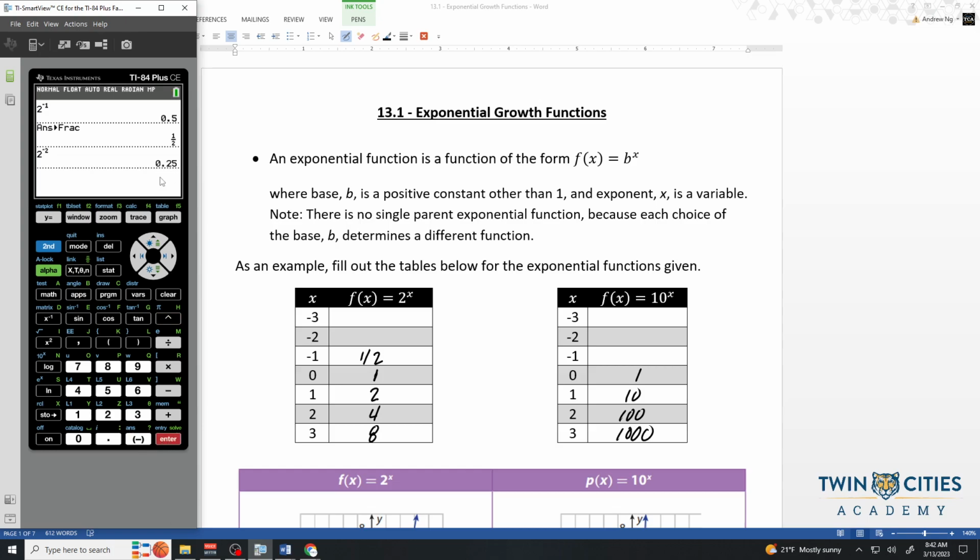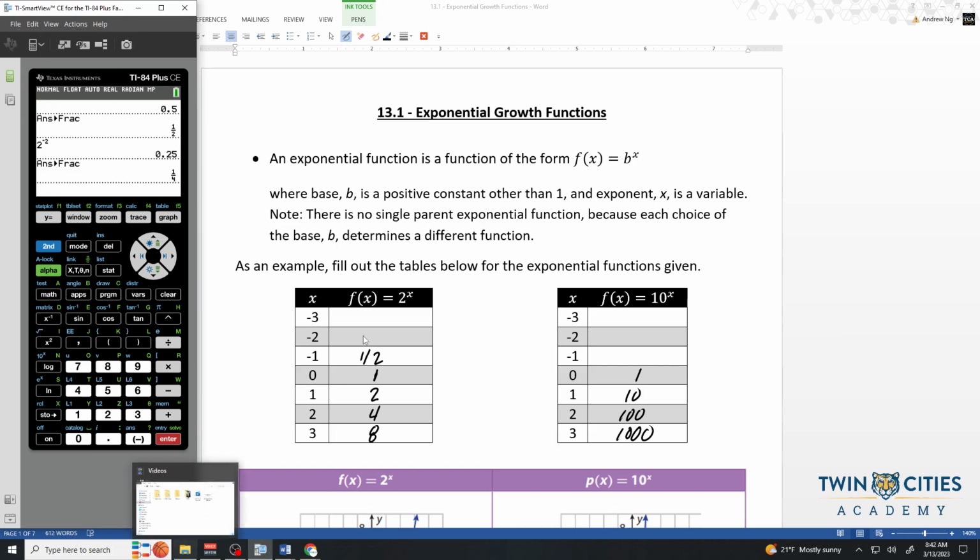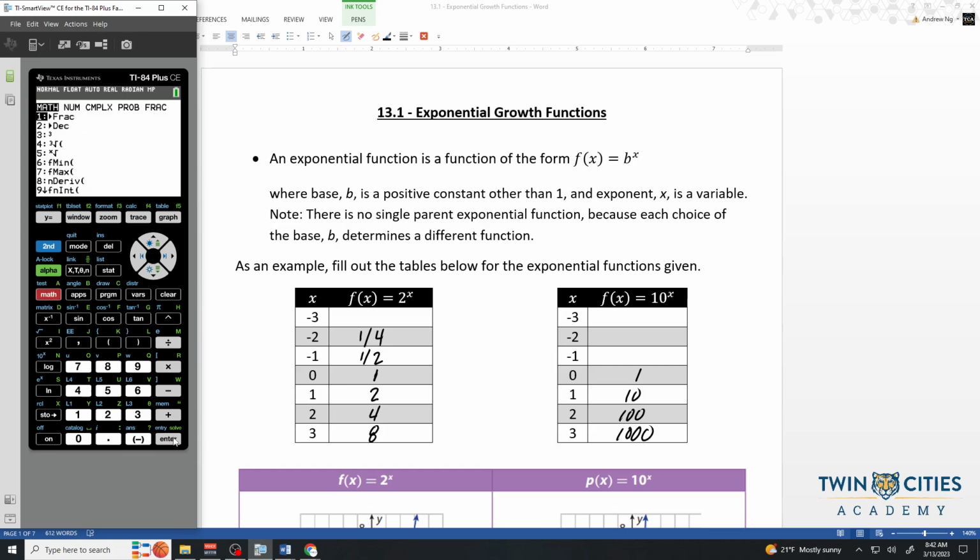That's 0.25. Again, if I turn that into a fraction, that's 1/4. And then 2 to the negative 3 is 0.125. If I turn that into a fraction, I get 1/8.